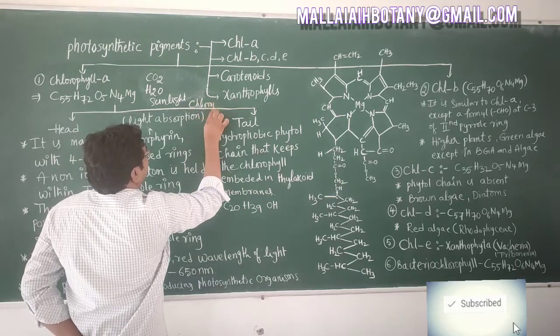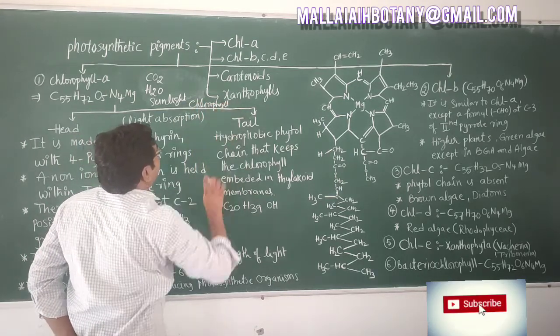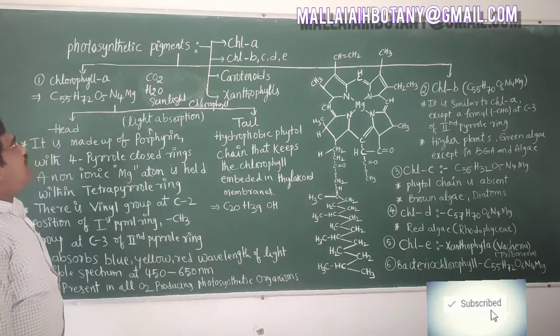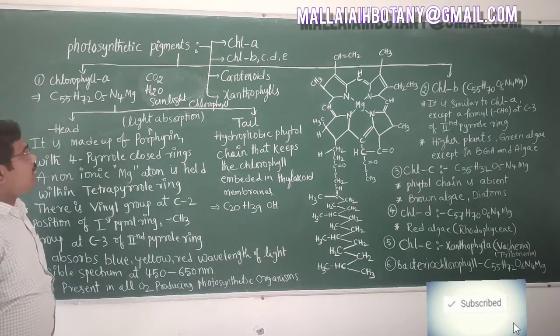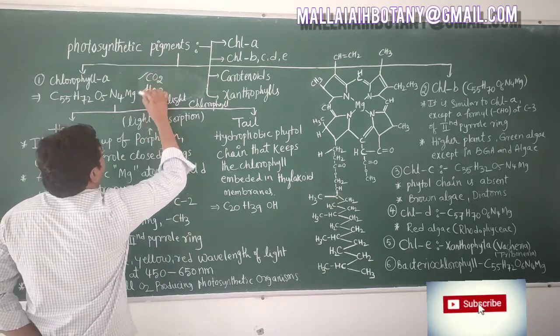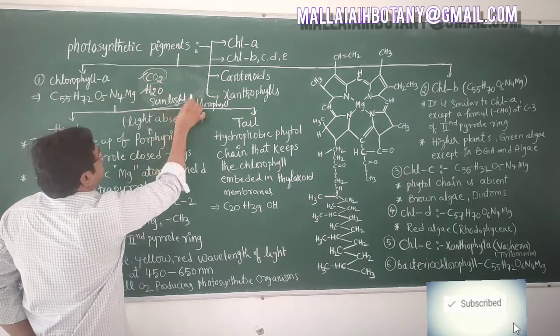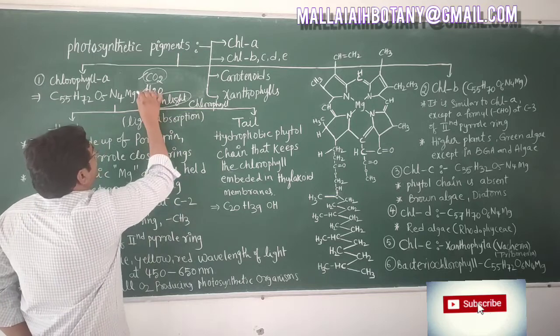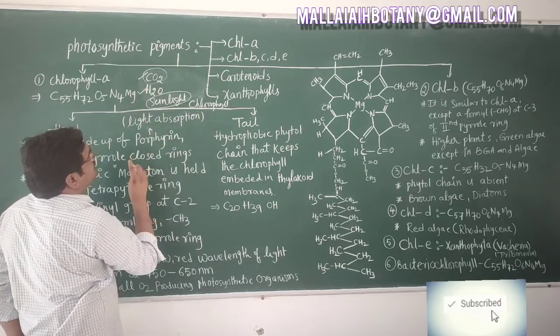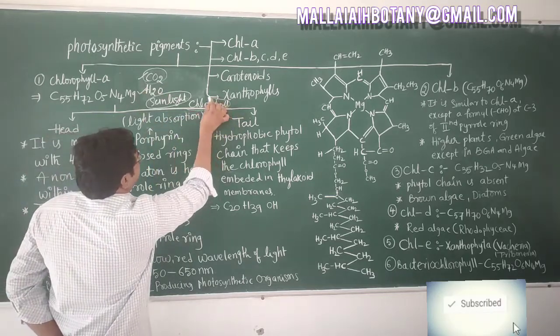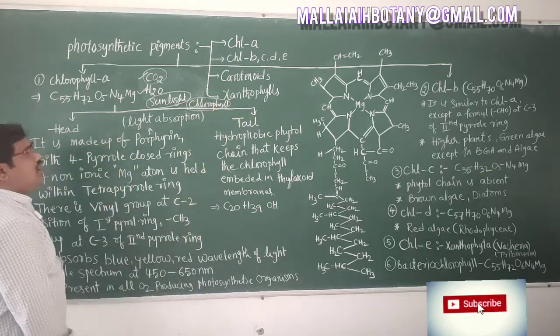Chlorophyll is an internal factor for the photosynthesis process. These are the raw materials: carbon dioxide from the atmosphere, sunlight from the atmosphere, and water, which the plants absorb from the soil. Photosynthesis takes place in the green leaves.